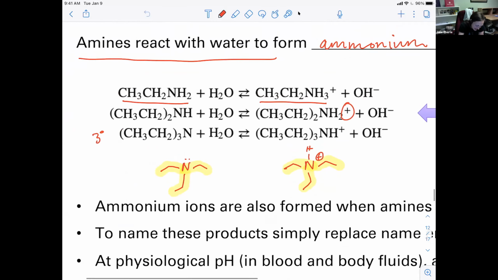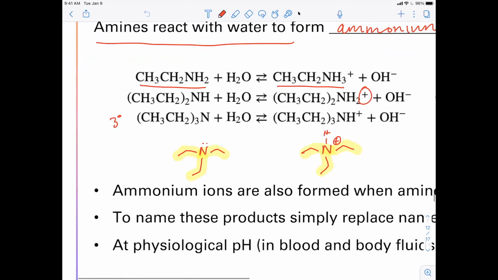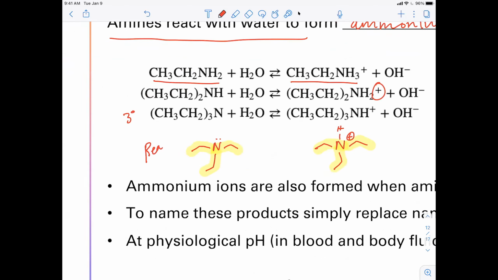This is the reactant. So when I bond a hydrogen onto that nitrogen, I already have 1, 2, 3. Then I would just bond the hydrogen, get rid of the lone pair, bond the hydrogen and have a plus sign. Plus OH. Right?